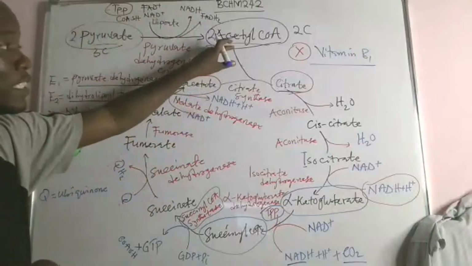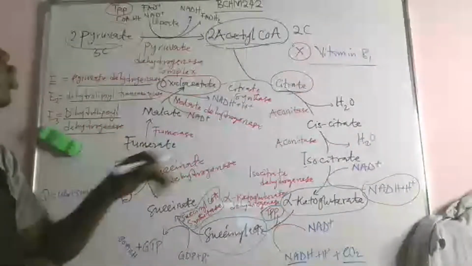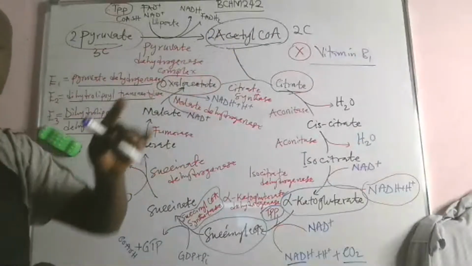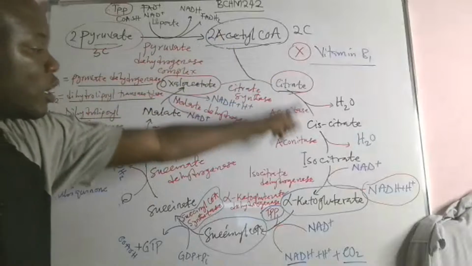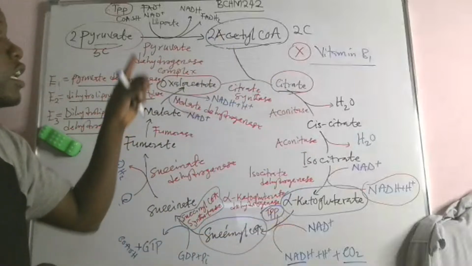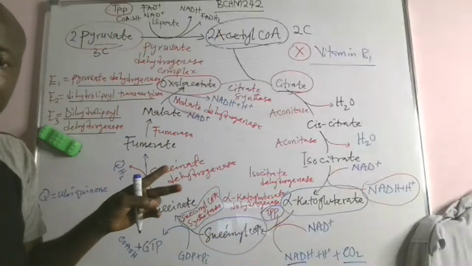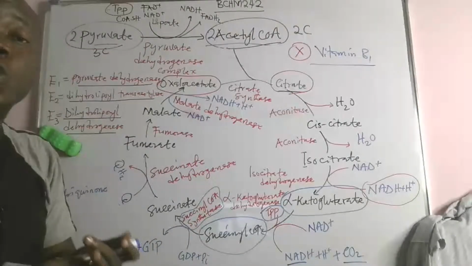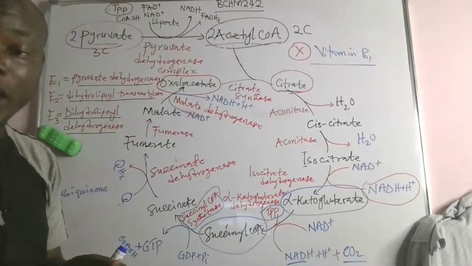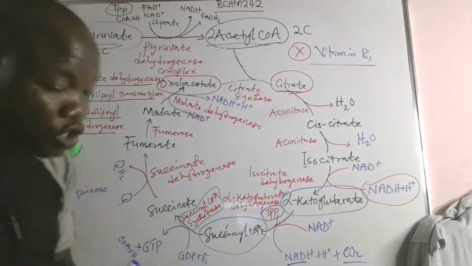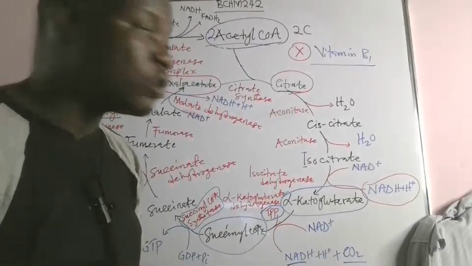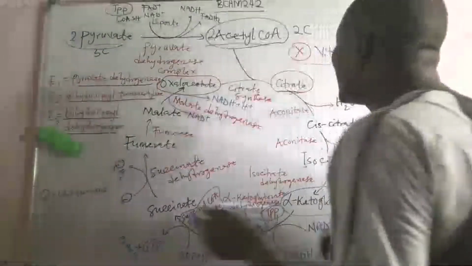If 1 acetyl-CoA undergoes 1 cycle, then 2 acetyl-CoA will undergo 2 cycles. That is what I want you to understand.